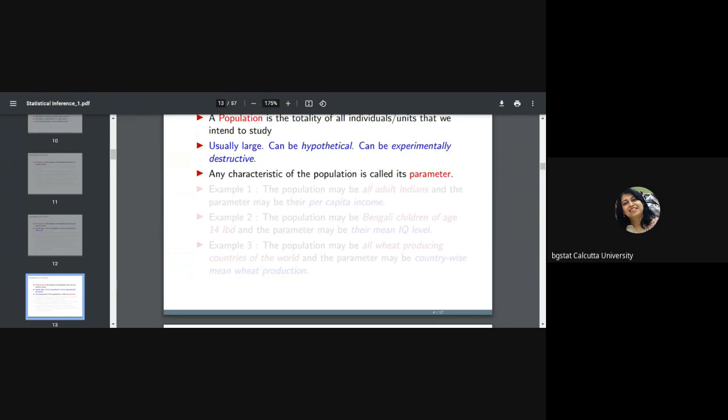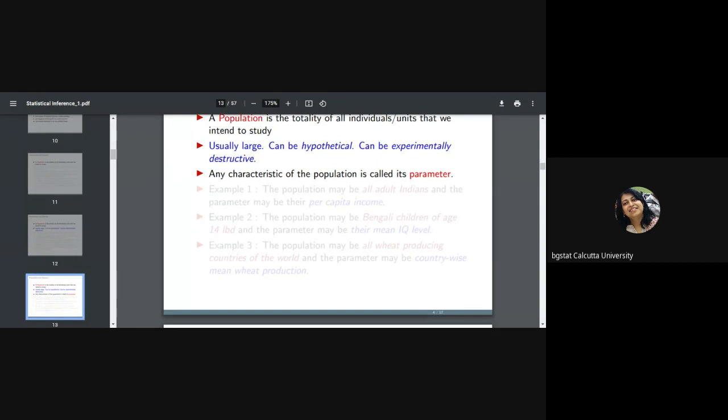So these are the various types of populations. Can be real, can be hypothetical, can require a destructive experiment. But usually it is large, and the idea is that it is unobservable. It is unobservable in its entirety.